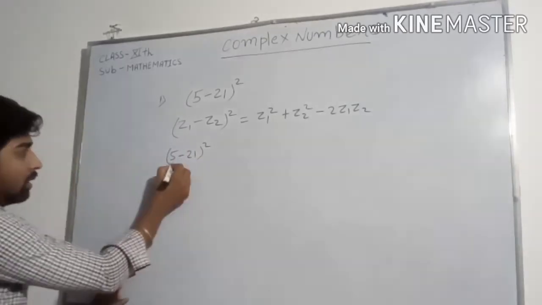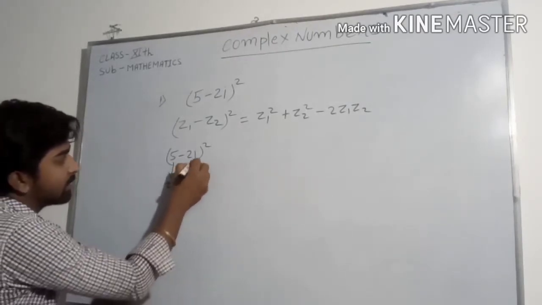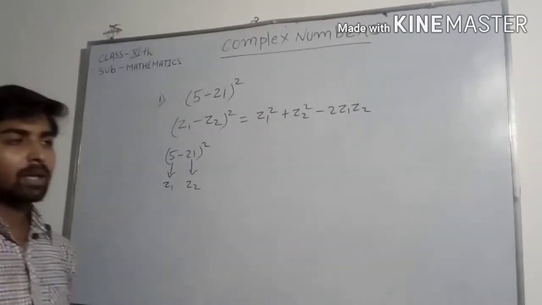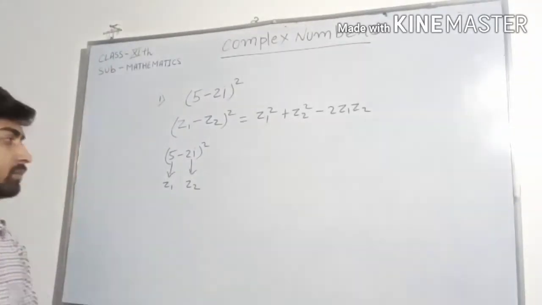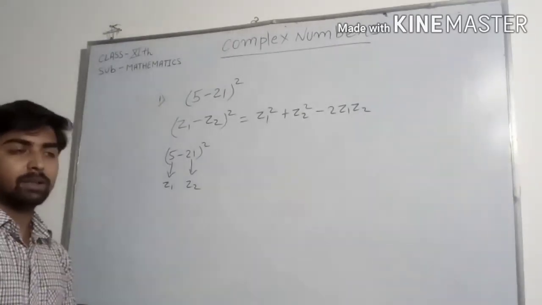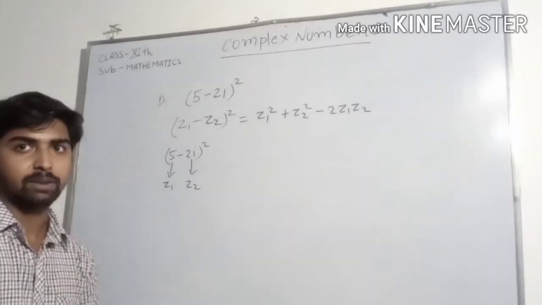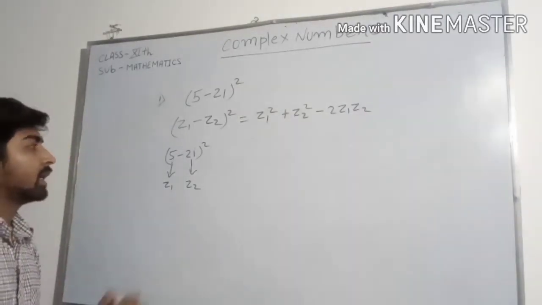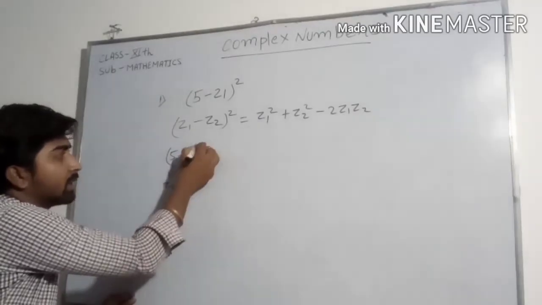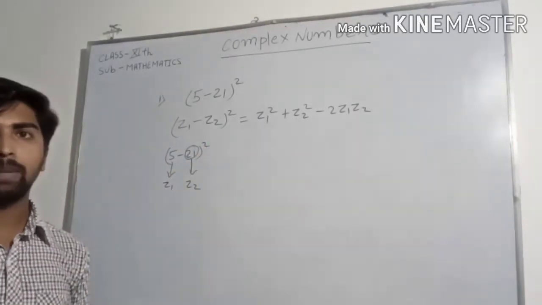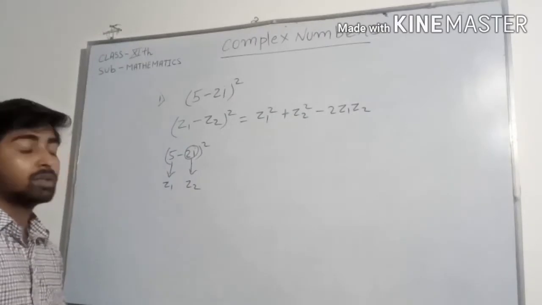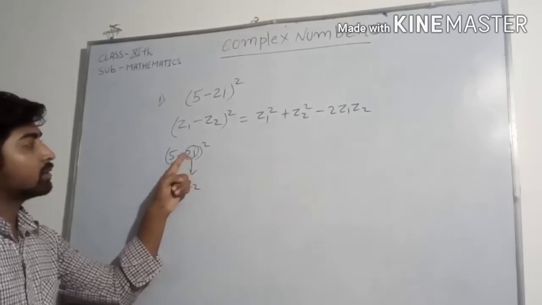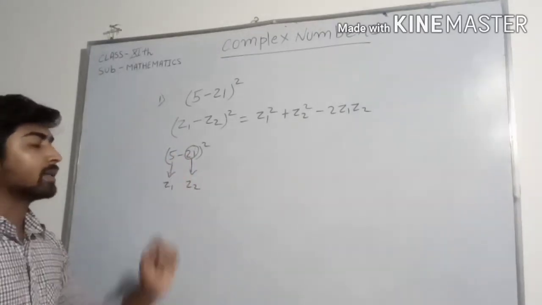Students, suppose this is z1 and this is z2. 5 is a real number, but you should know every real number is a complex number. And 2i is also a complex number, because i is together with 2. 2 is a real number and i is together with 2, so 2i is a complex number.